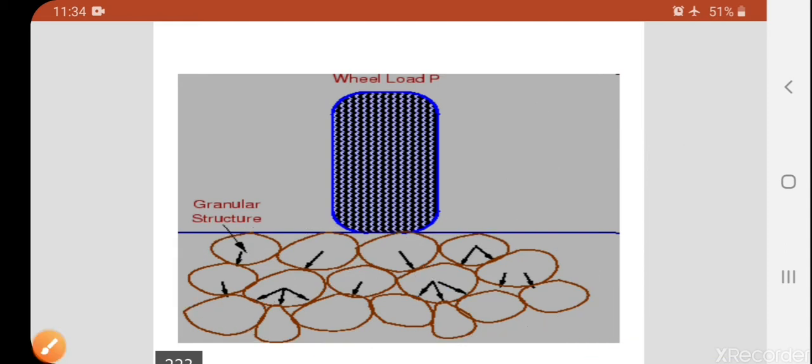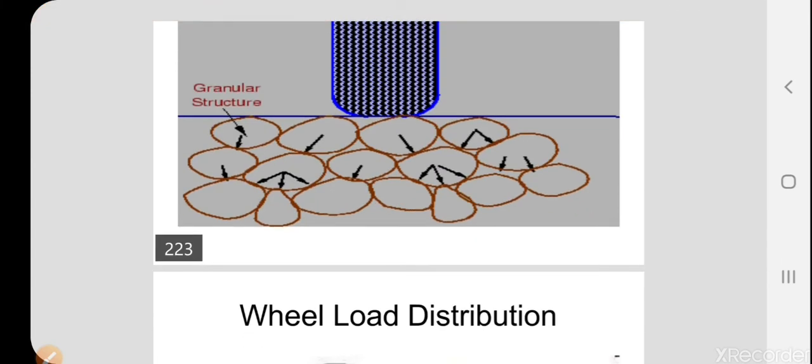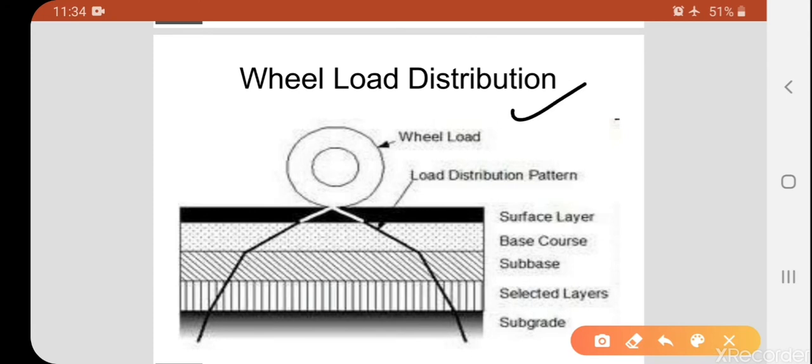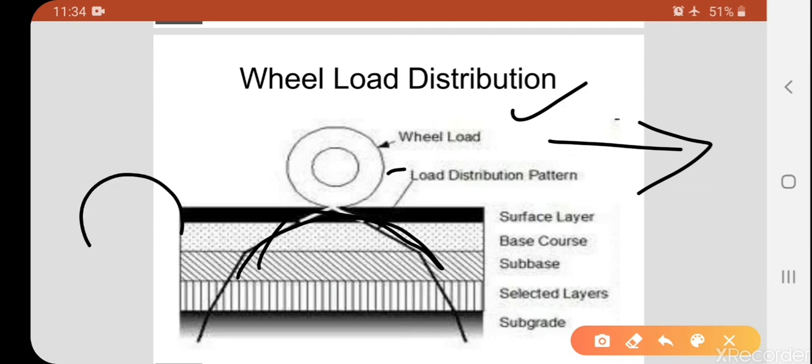This is the transfer of loads from the wheels, that is P. Now, wheel load distribution: how the load will be distributed. In this picture the wheel is moving in this direction, and the load distribution will be like this. Usually in flexible design we consider it as a parabolic curve.